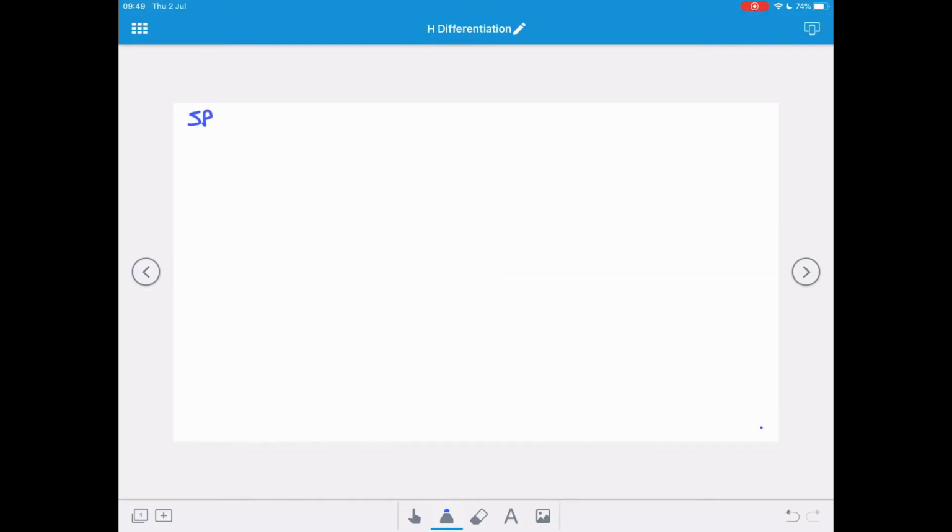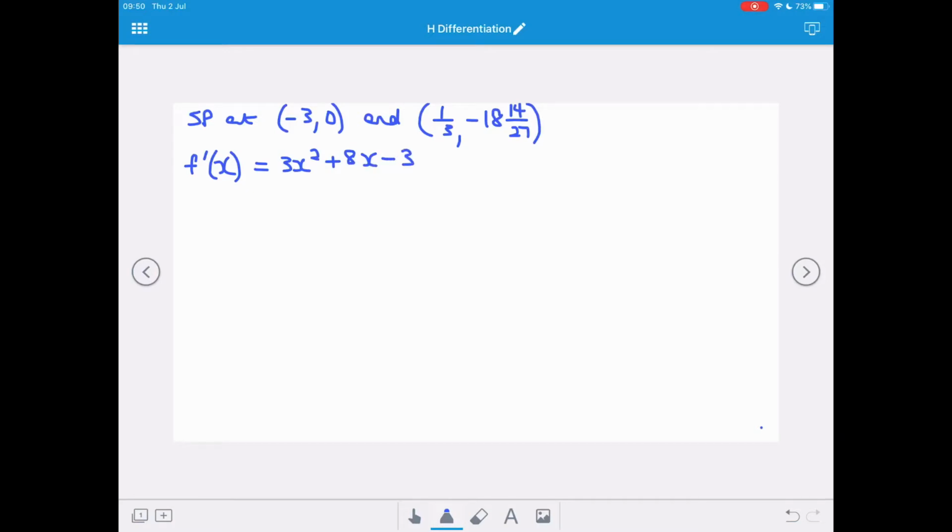So now we need to consider the nature of these stationary points. So our stationary points were at negative 3, 0 and also at a third, negative 18 and 14/27. And the derivative of our function was f dash x equals 3x squared plus 8x minus 3.